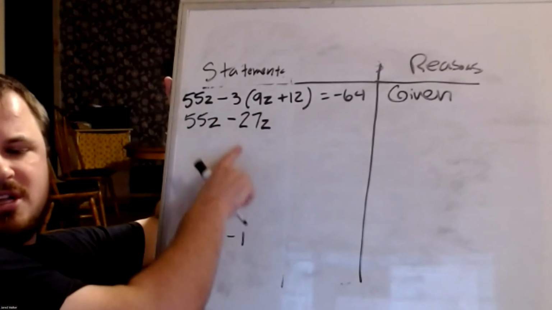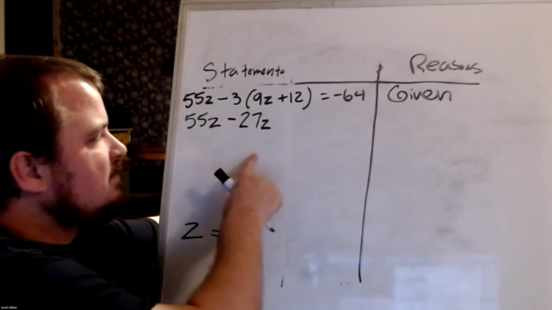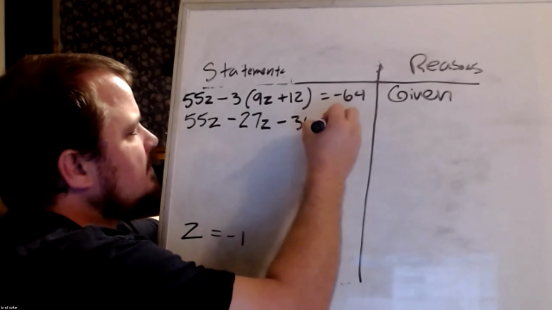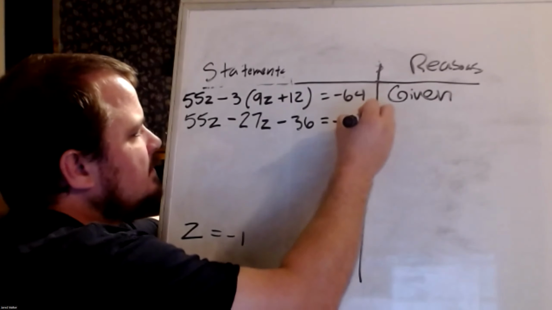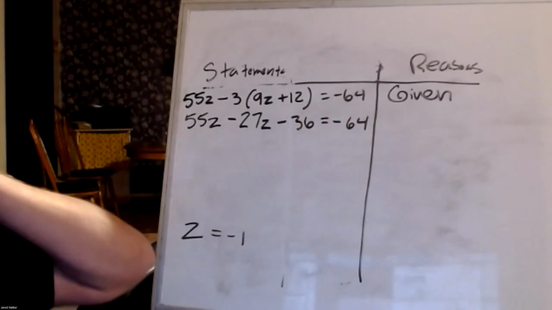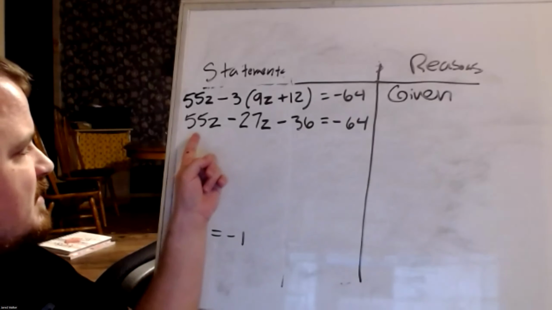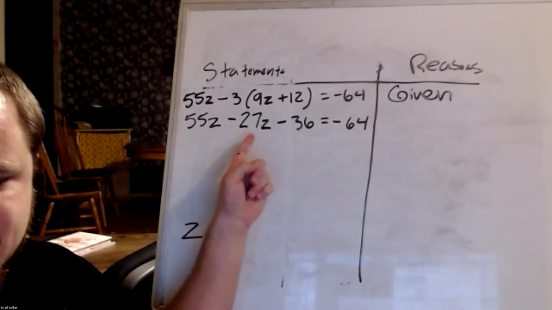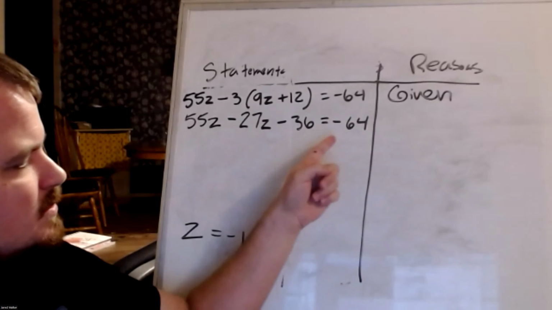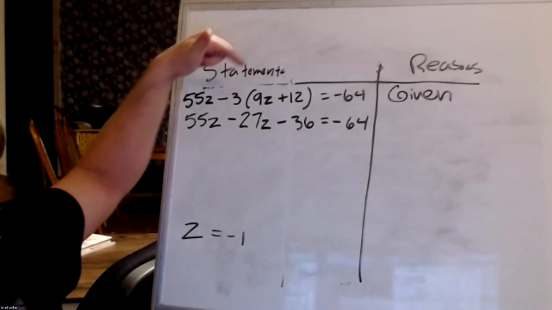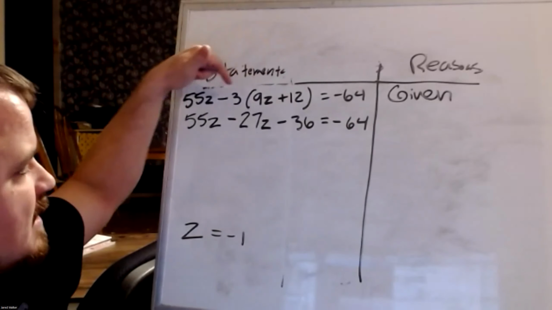So see, this becomes negative 27z. Okay, so look what I have. 55z minus 27z minus 36 equals negative 64. What did I do on this step? I distributed that to both of them, right? You see that?